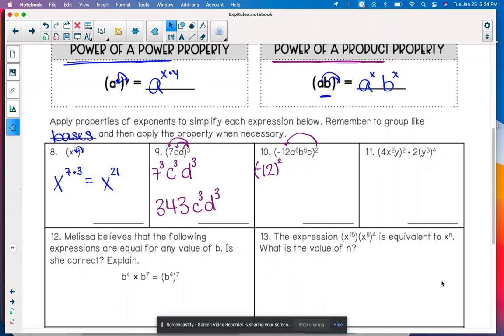Then I have a to the 6th times 2. Then we have b to the 5th times 2.